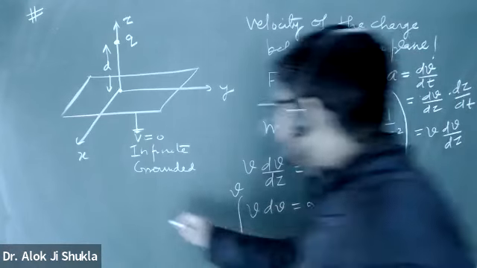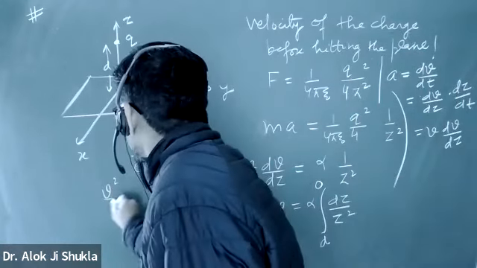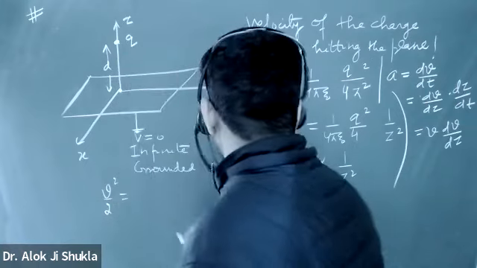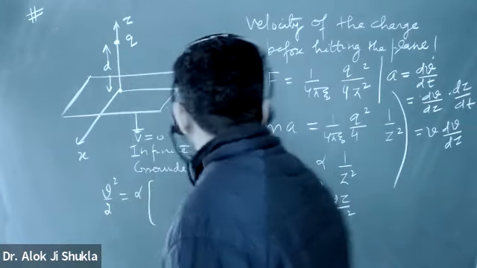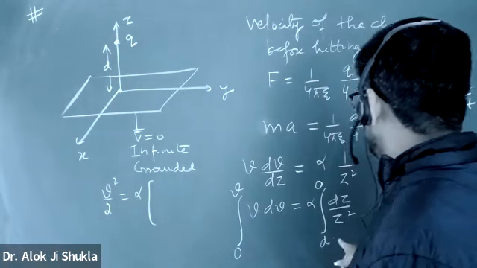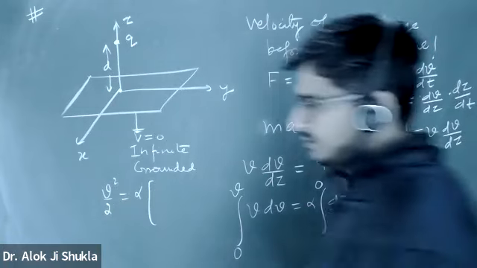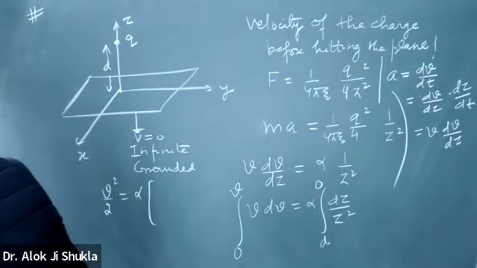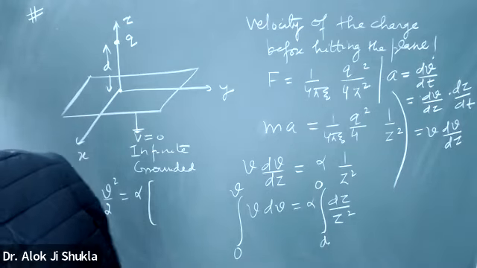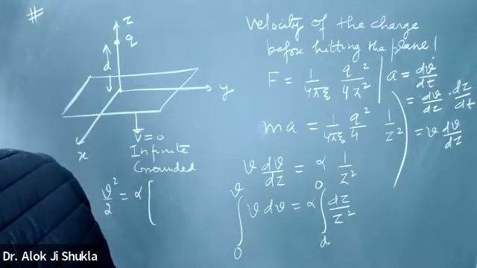So this will become v square by 2 is equal to alpha. This will become minus 1 by z. ये कितना बन जाएगा? V square by 2 is equal to alpha minus 1 by z from d to 0.